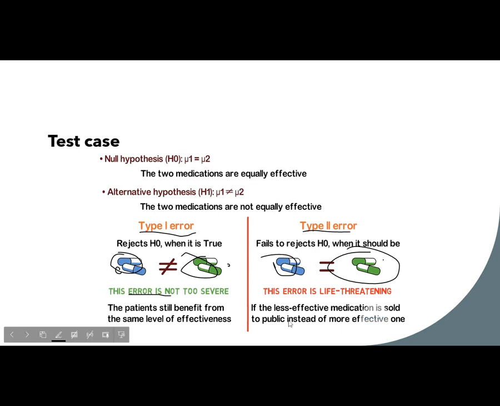Let's say the patient is suffering from some thyroid gland problem, but is given something related to the pancreas. There is no relationship between them, and this error is life threatening. This kind of error is known as a type 2 error. So I guess this gives the whole level of understanding of what it is.